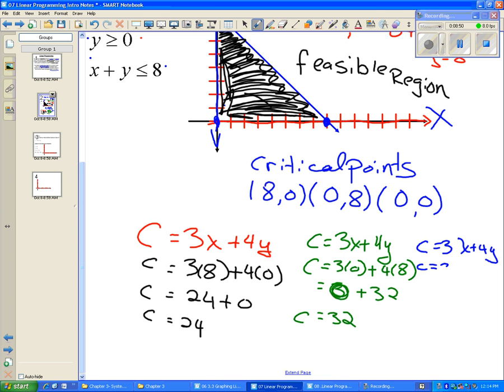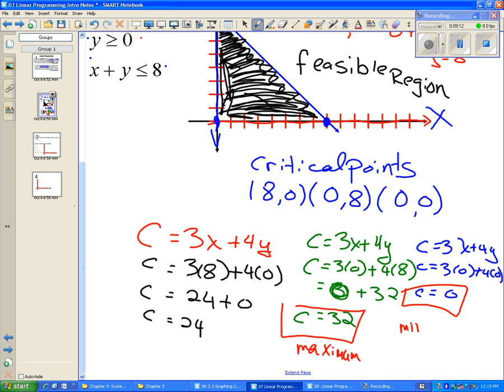So C is equal to 3 times 0 plus 4 times 0. So C is equal to 0. From this, I can find that my maximum is 32, and my minimum is 0.